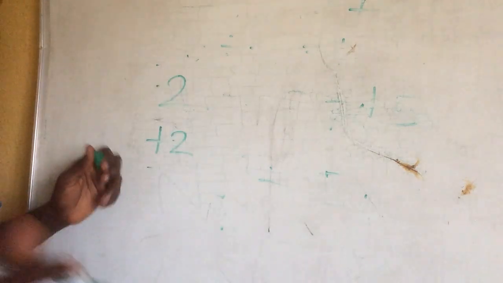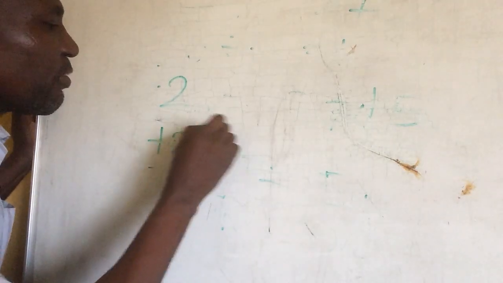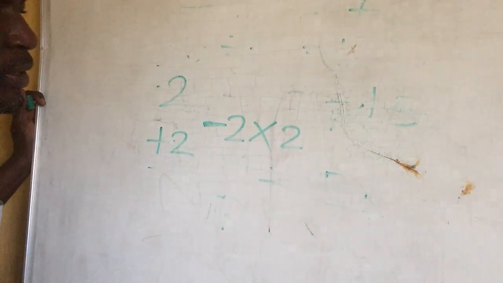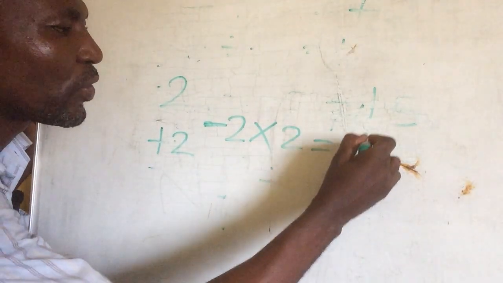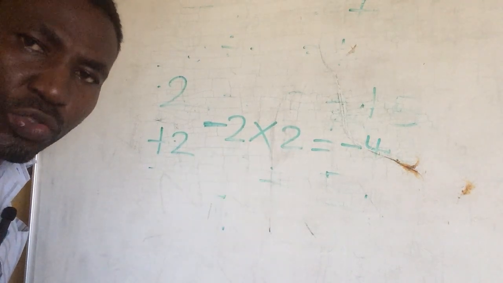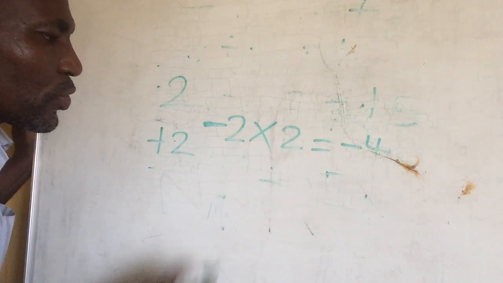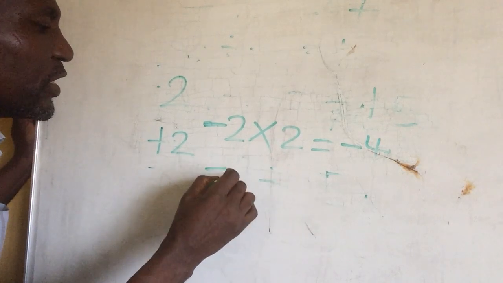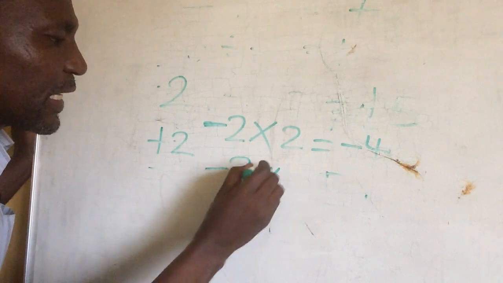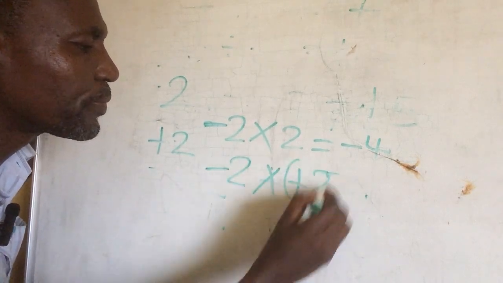So just like the other example I gave you, when you have minus 2 times 2, what is it? Minus 4. Because this 2 here, we know that it is plus 2. So I may not put it this way, minus 2 times plus 2.